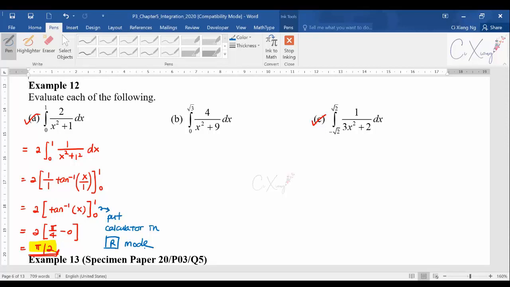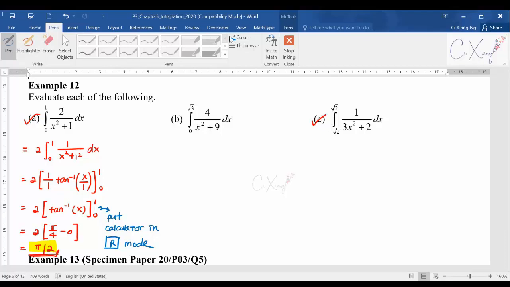You shouldn't use degrees. So you cannot tell me that tangent inverse x is 45 degrees, so 45 degrees multiplied by 2 gives you 90 degrees, which is wrong. They do not allow you to do so. So you have to put the calculator in radian mode. The same thing happens for all the questions here.